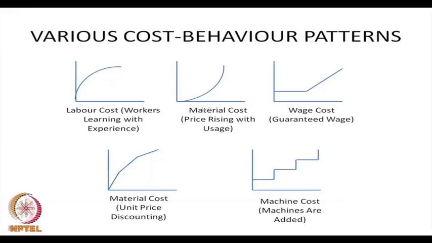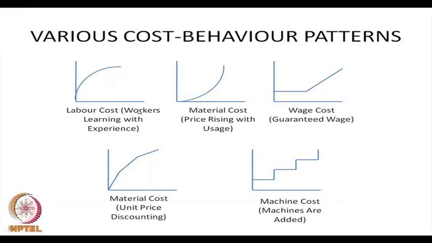We would like to tell here that actually in real life it is very difficult to have a linear relationship between any cost item and its cost driver. We give examples of various nonlinear costs or piecewise linear costs. This is an example of labor cost.